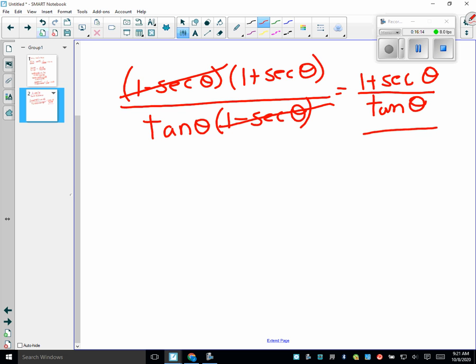The two fractions are 1 over tan theta plus secant theta over tan theta. Do you agree? I don't know. Not really.